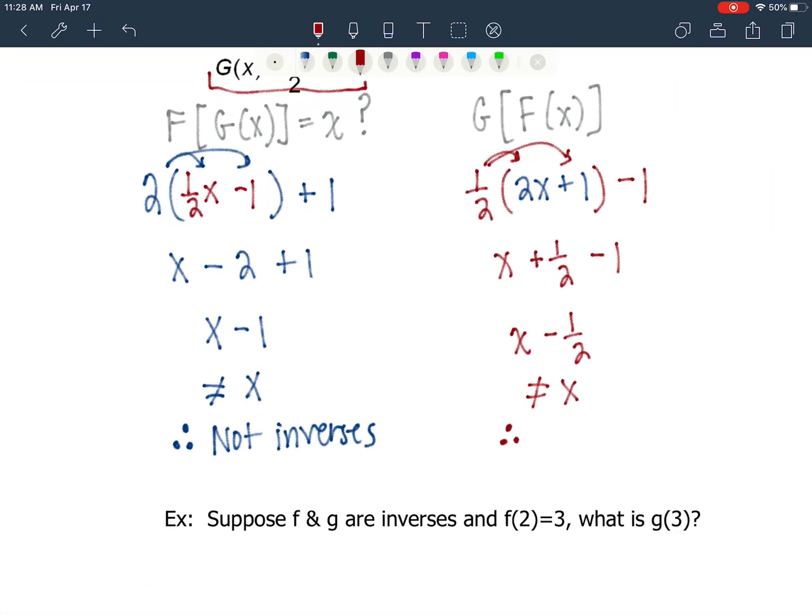Therefore, if you would have computed that composition, you still would have gotten the fact that they are not inverses of one another.